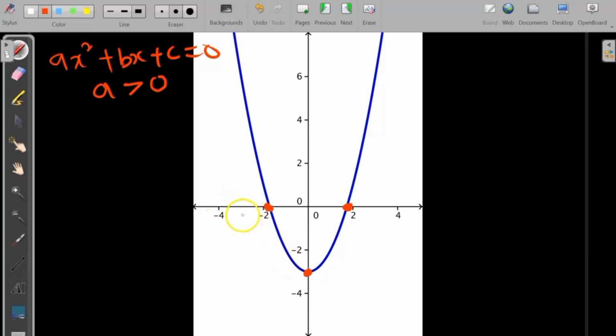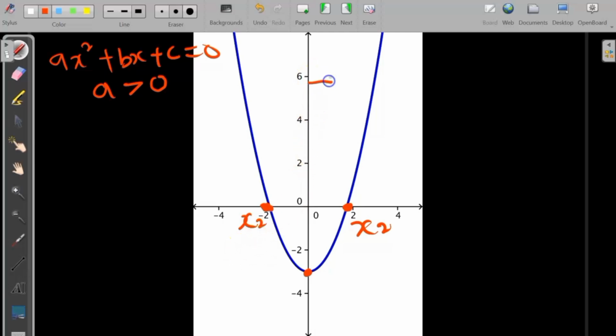So let's say this point is x1, and this other point is x2. Drawing a vertical line through the minimum point divides this quadratic curve in halves.